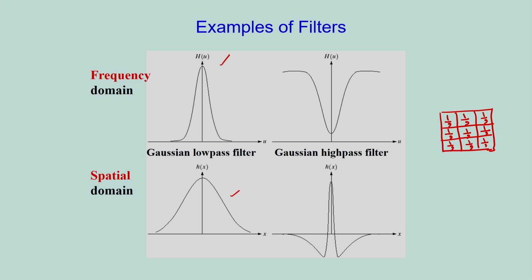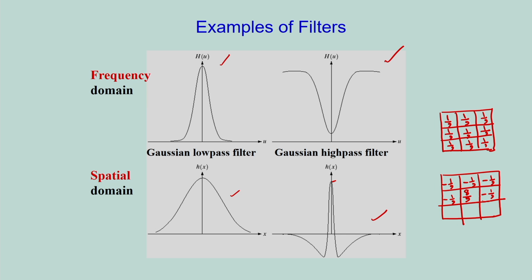And if you see this Gaussian high pass filter, this is in the frequency domain, and corresponding to it in the spatial domain, this is my function h(x), corresponding to the high pass filter. If you see the central portion, the value is high, because in the high pass filter in the spatial domain, the central pixel is 8 by 9, and the remaining are minus 1 by 9, minus 1 by 9, like this.